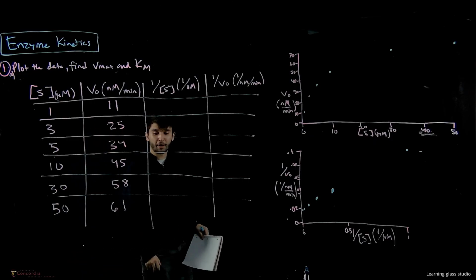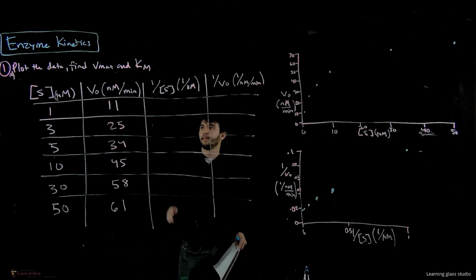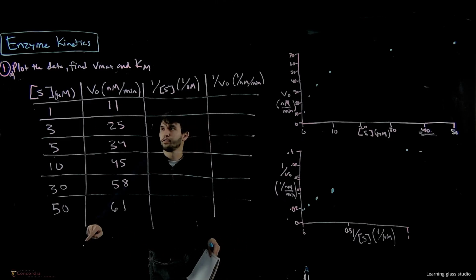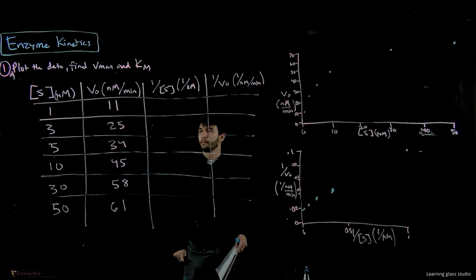All right, for the first practice problem, we are asked to plot this data and find Vmax and Km. So we're given substrate concentration in micromolar and the rate of reaction V0 in nanomolar per minute. Essentially the first thing we want to do is get this into a Lineweaver-Burk plot.